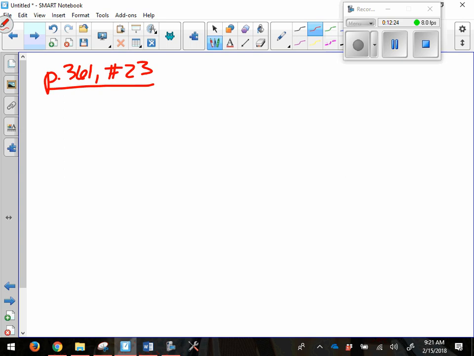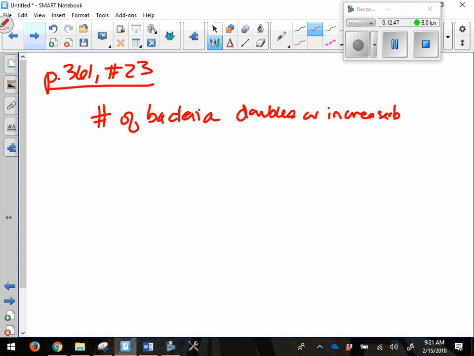So, we are told that the number of bacteria doubles, or increases by a factor of 2, every half hour.